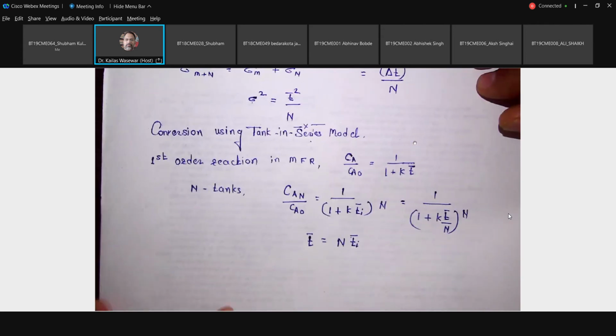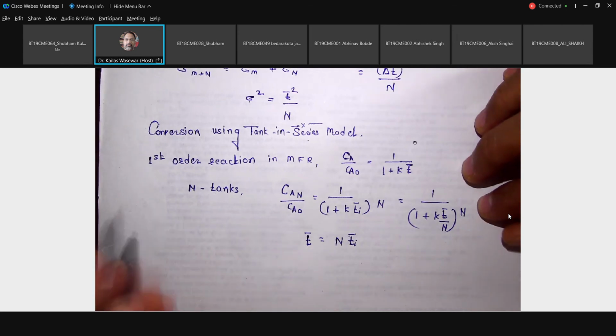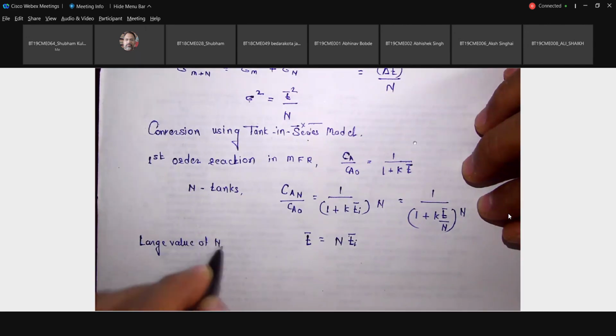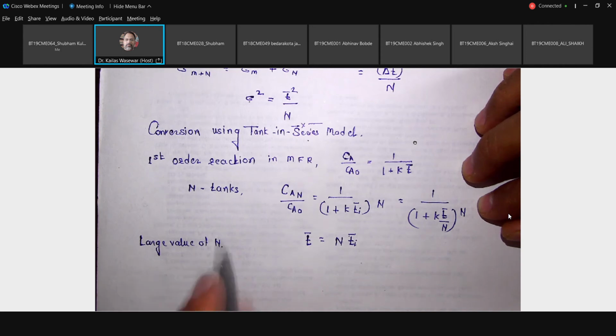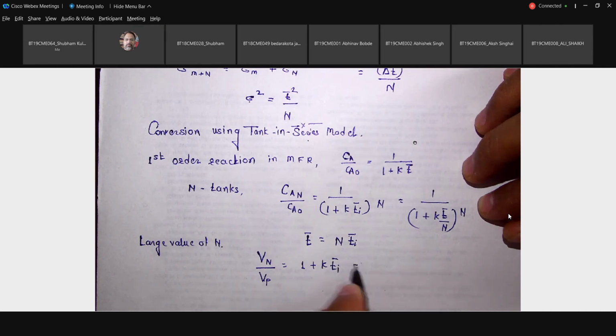Now, if you go for a large value of n and compare with the plug flow, this will be Vn upon Vp, with n number of tanks compared with the plug flow, equal to 1 plus K. This is for the same value of Ca.